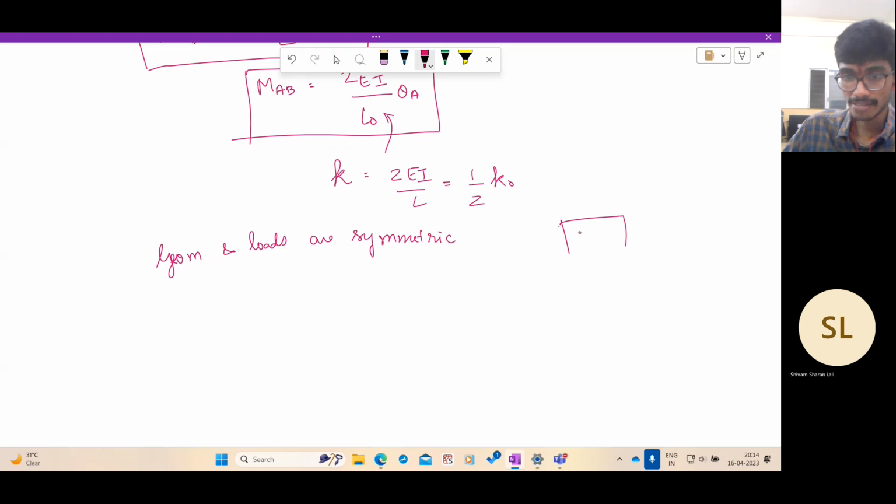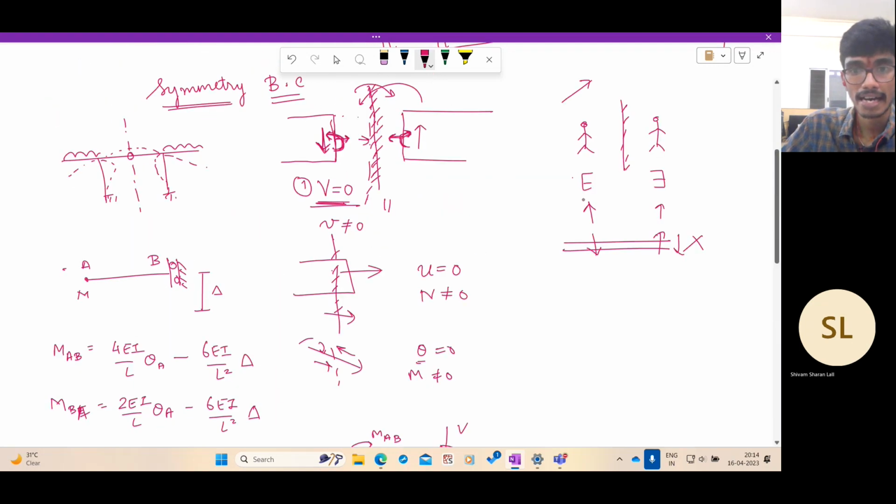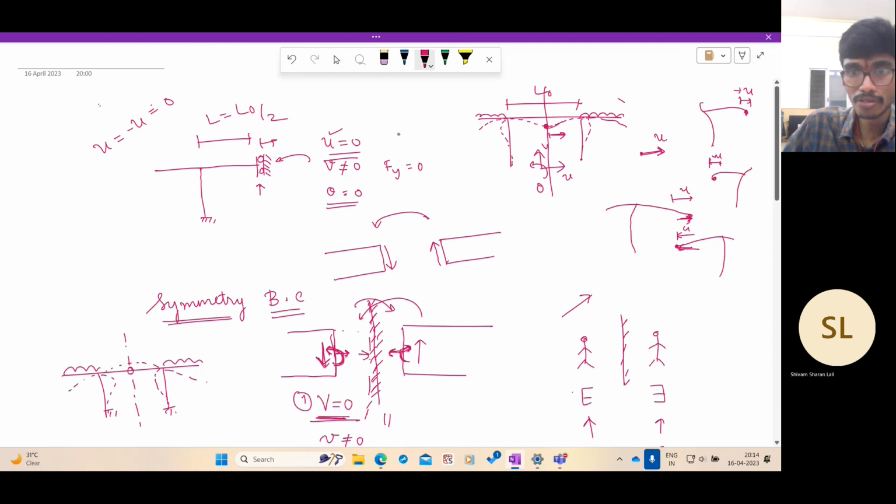Just take the simple case of a portal frame. If the geometry and loads are symmetric, which means if you place a mirror in the middle, the way this deforms, exactly the mirror image will be the deformation of the other half. That is the idea, and that is what I used here to reason out.